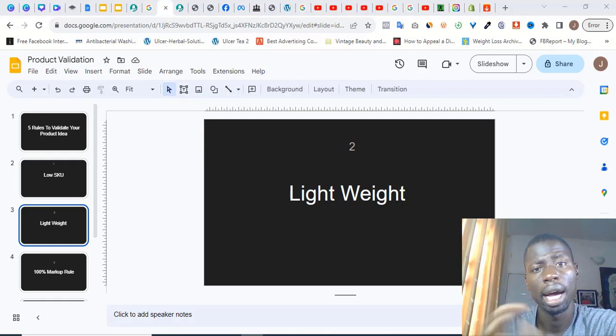So that's why I generally don't go for heavyweight products. And this is not to say along the line you will not want to sell heavyweight products. There are people who sell them and they make money, but if you are starting an e-commerce business, I wouldn't advise you to go for heavyweight products, right? First, you want to make a whole lot of money for yourself before trying to test other products or other niches. Okay, so my rule of thumb number 2 is go for lightweight products.